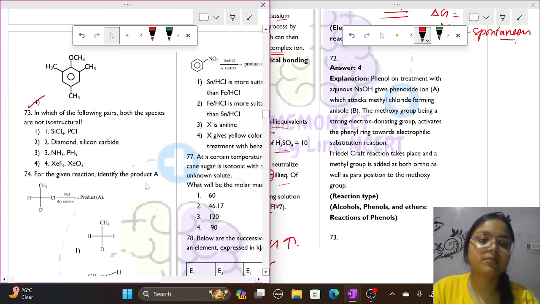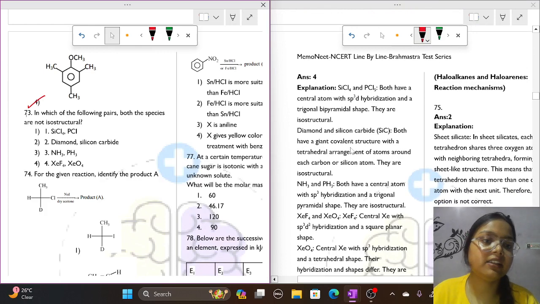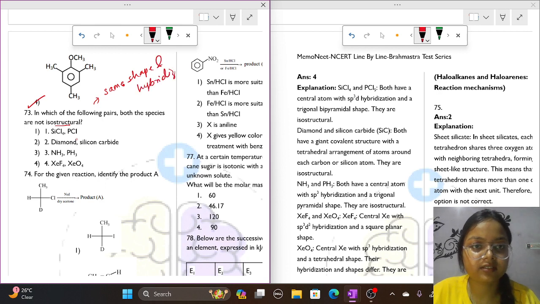Next is question number 73. In which of the following pairs both the species are not isostructural? What does isostructural mean? It means having the same shape and hybridization.